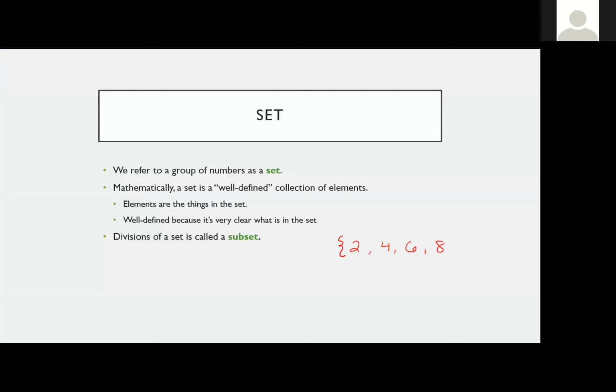And we indicate that these are a set by using these, which are called braces, or you'll hear curly brackets. It's a special symbol, and they surround the things that are in a set. So this whole thing is a set. This entire thing, not just the numbers inside it, but the symbols themselves, indicate a set. So that's what we use to indicate there's a set.